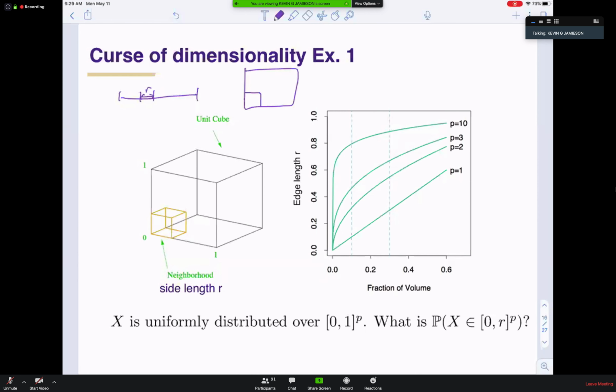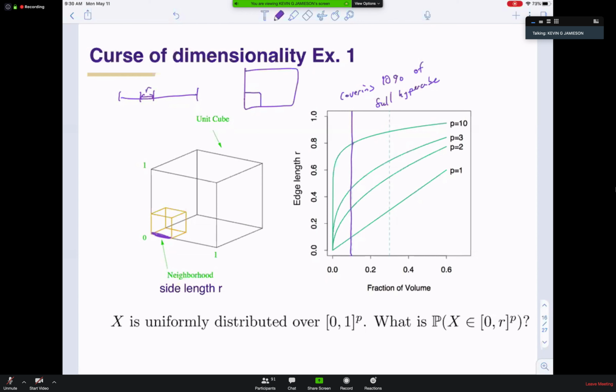And so if we look at just this line here, this is covering 0.1, or just 10%, of the full hypercube. And what it's saying is that in 10 dimensions, the side length of this local neighborhood cube, how big does R need to be before you're covering 10% of the mass of this full hypercube?